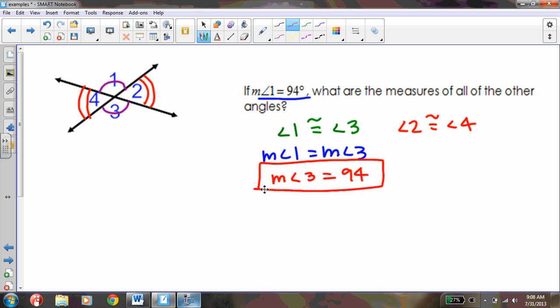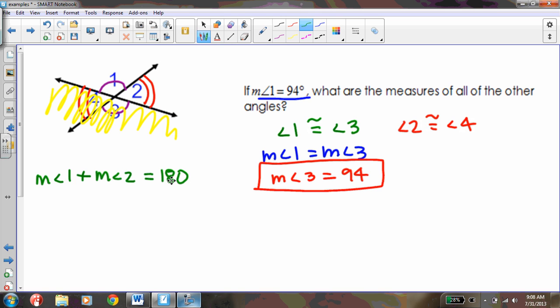Now I have to think about angle 2 and angle 4. If I look at just this half of the picture, I realize that angle 1 and angle 2 form a linear pair, which means that the measure of angle 1 plus the measure of angle 2 have to equal 180 because they form a linear pair.